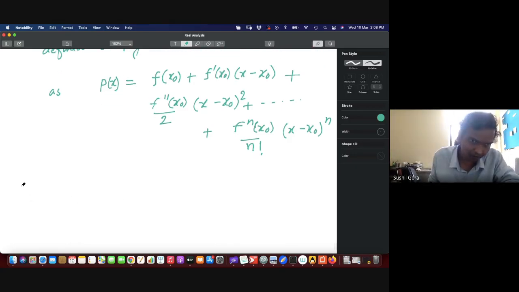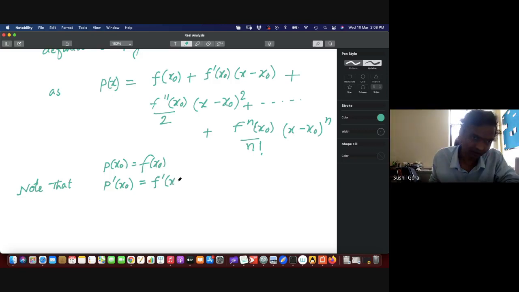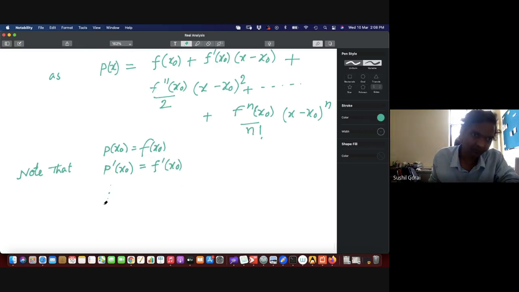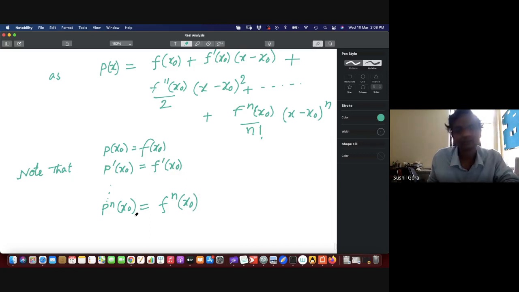So note that P of x naught equals f of x naught, P prime x naught equals f prime x naught, and P^(n) x naught equals f^(n) x naught, right?